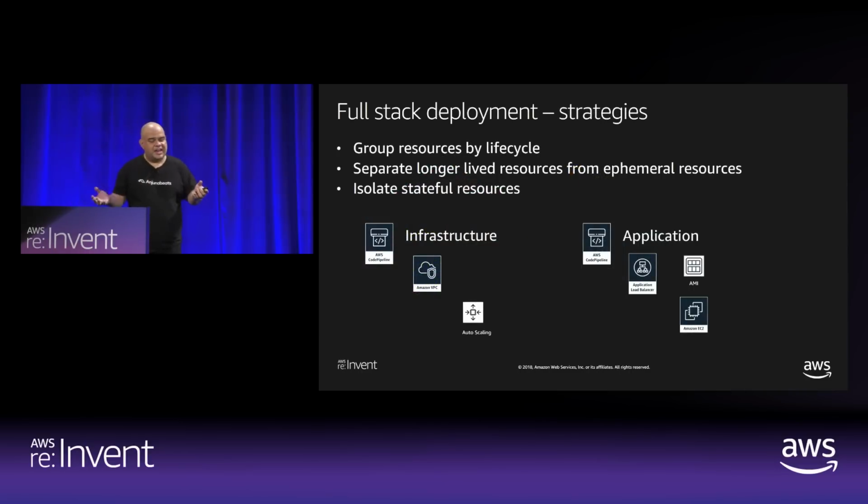So there's plenty of strategies when we deal with full stack development. One of the key ones that we encounter and we advise people to do is to group resources by lifecycle. This has two primary benefits. Number one, imagine your entire application, including VPC, network rules, setting up roles, setting up users.